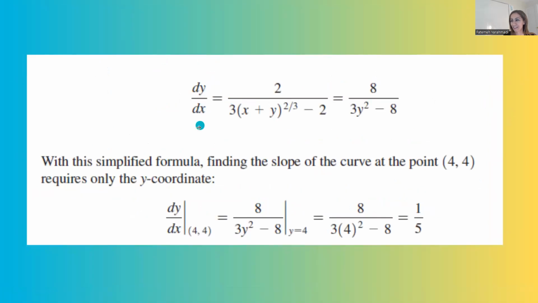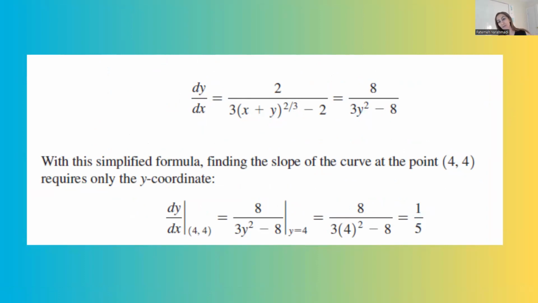And finally, now that we have dy over dx, either of these formulas are fine, whichever you feel comfortable using. Our goal is to find the slope of the tangent line. So eventually you're going to plug in x equals 4, y equals 4 into either of these two formulas, and you get 1 over 5 as the slope of the tangent line.